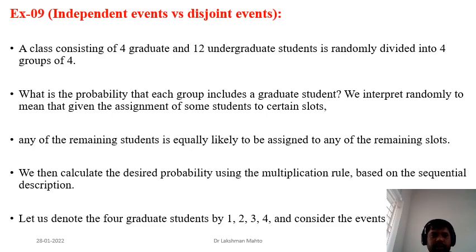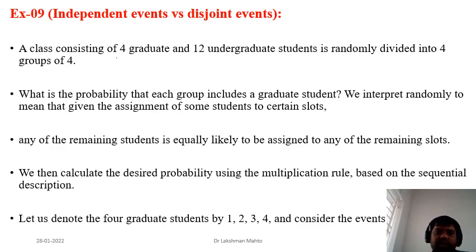Now, further, we are taking one more question. It is a very interesting question. It says that a class consisting of 4 graduate and 12 undergraduate students is randomly divided into four groups, each group containing four students.